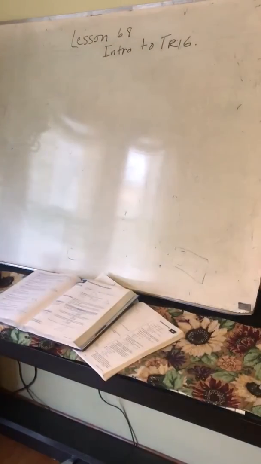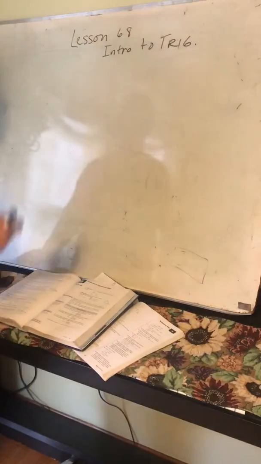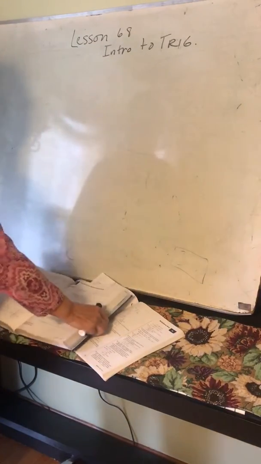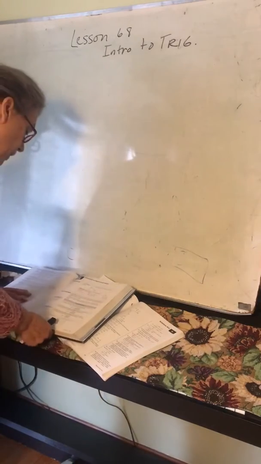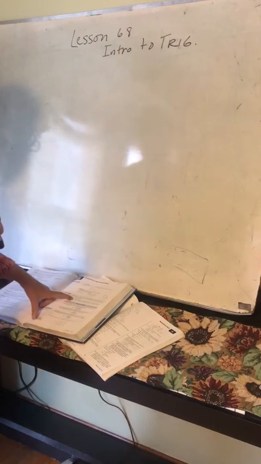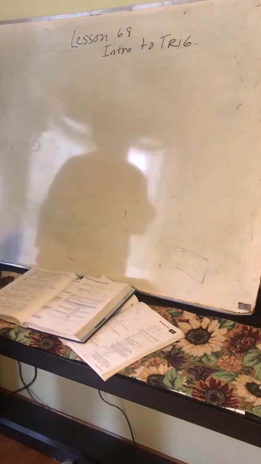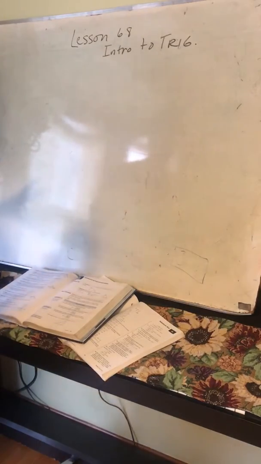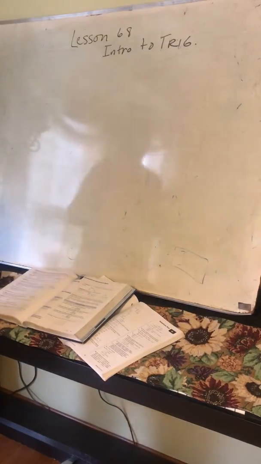Okay, this next section is Introduction to Trigonometric Ratios. Trigonometry is the study of the relationship of the sides and the angles of right triangles.